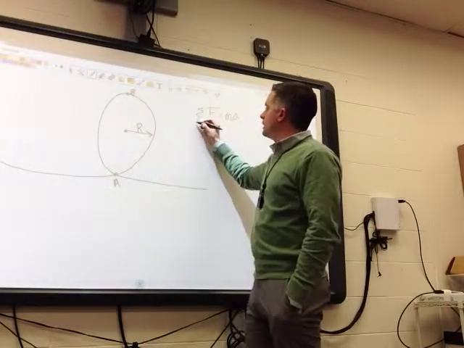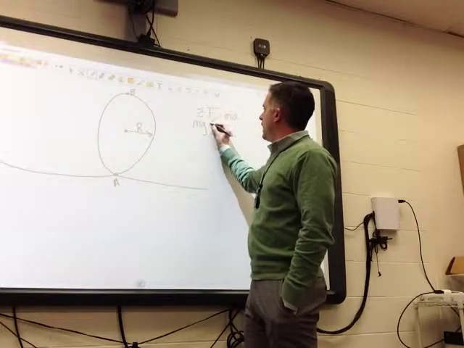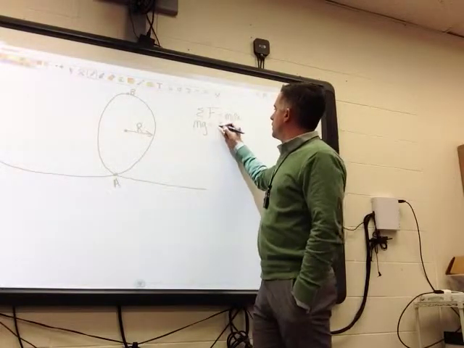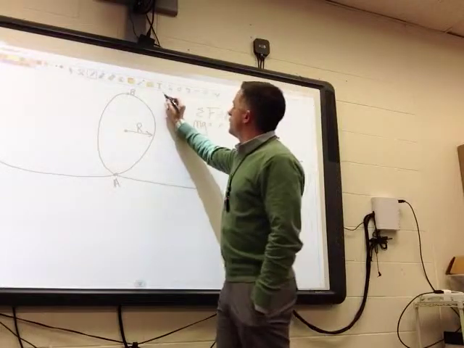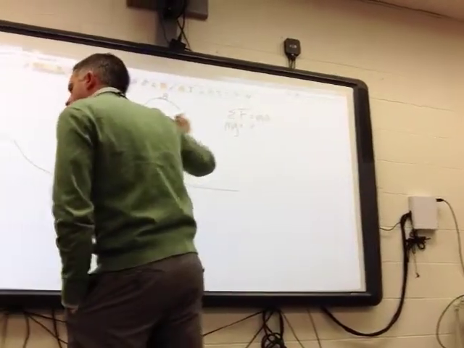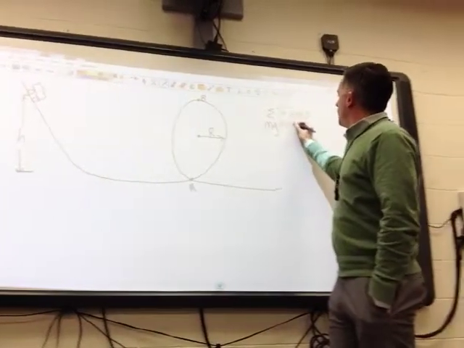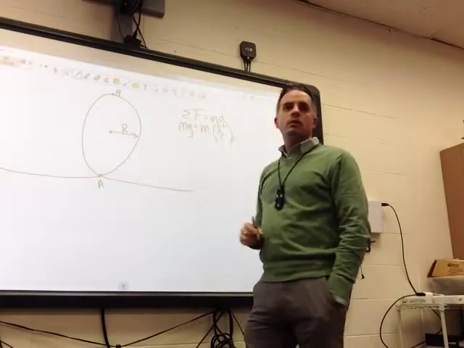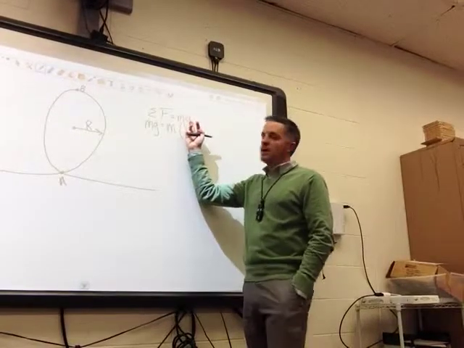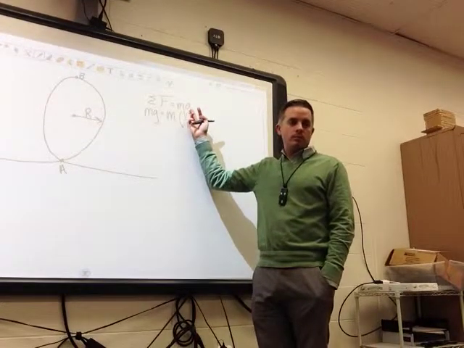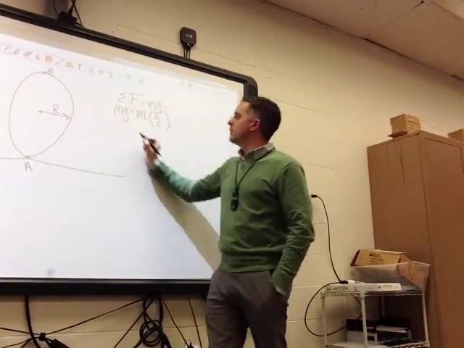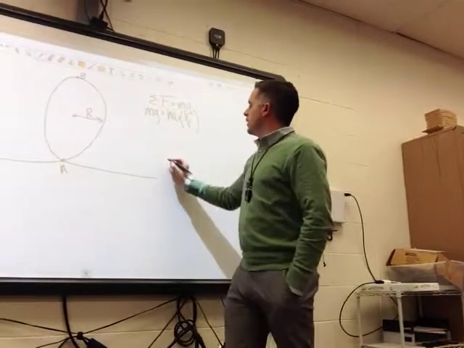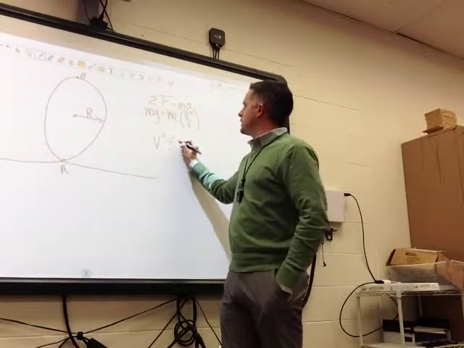So all we're left with is mg, and that is equal to v squared over r. Remember, this is our centripetal acceleration, because we're in that circle. So the m's cancel out, and we get that v squared is equal to gr.